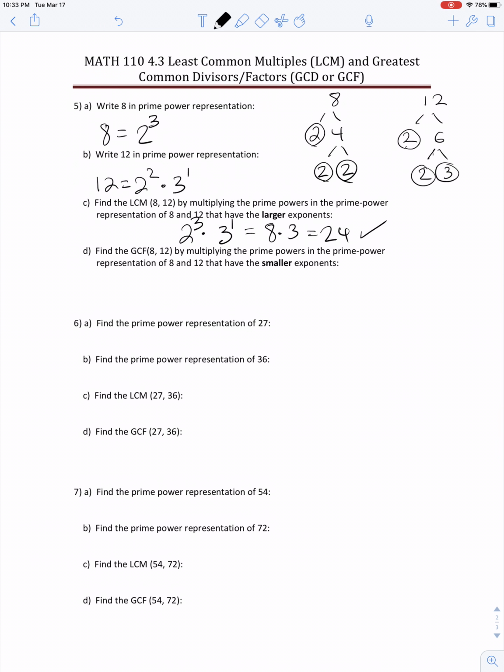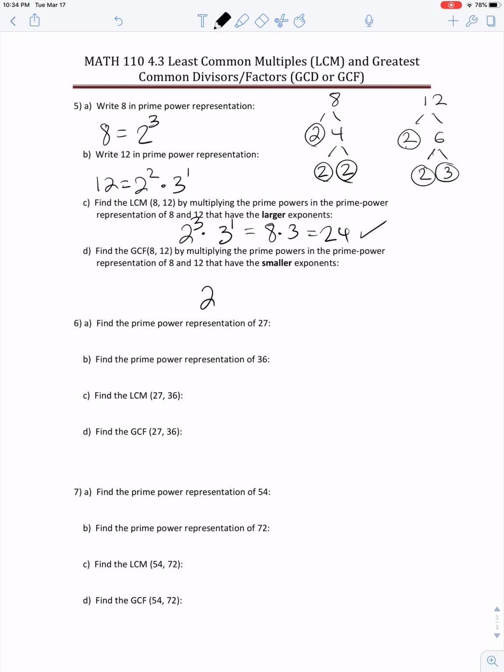For the greatest common factor, it's slightly different. In this case, we only list the primes that they have in common. 8 only has 2, 12 has 2 and 3, so the only one they have in common is 2. And instead of picking the biggest exponent, we always pick the smallest exponent that occurs.